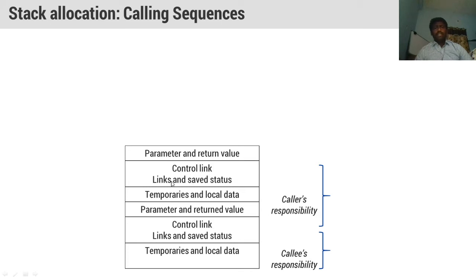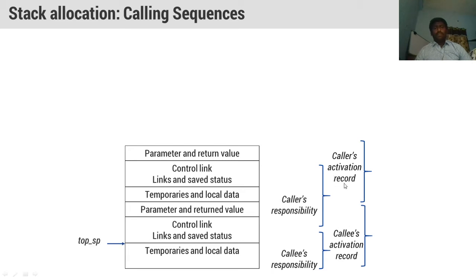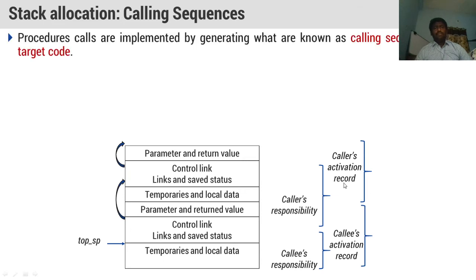So the control links and saved status, temporary and local data, parameter and return value, and similarly callee's responsibility is also to have the saved status and temporaries and local data, and there will be an activation record for each and every procedure that is being executed. So for that, we need to understand the calling sequences for the stack allocation.